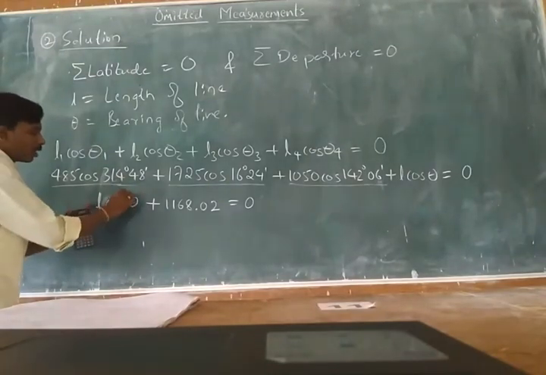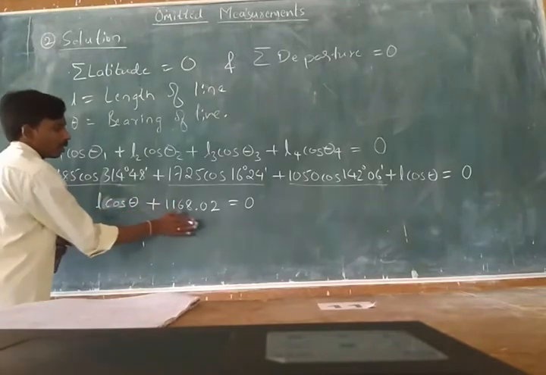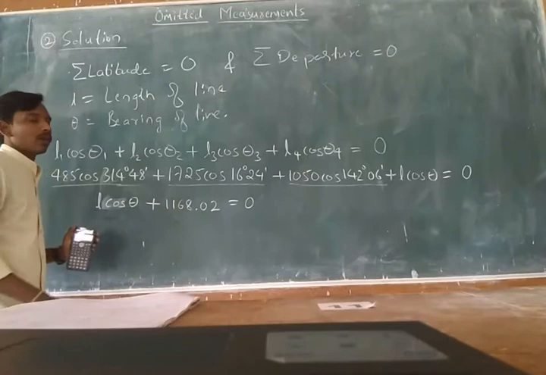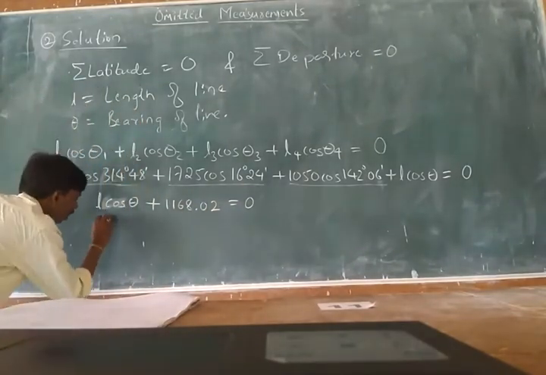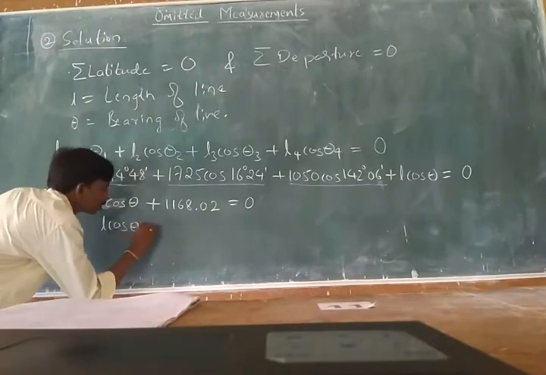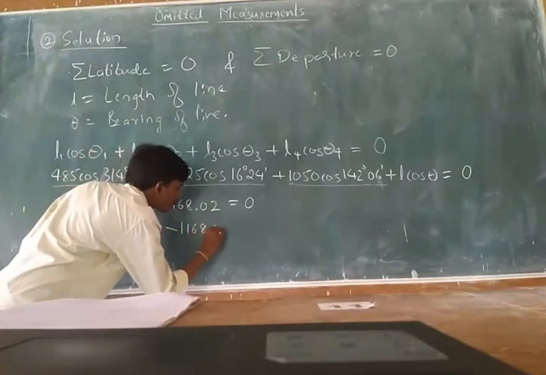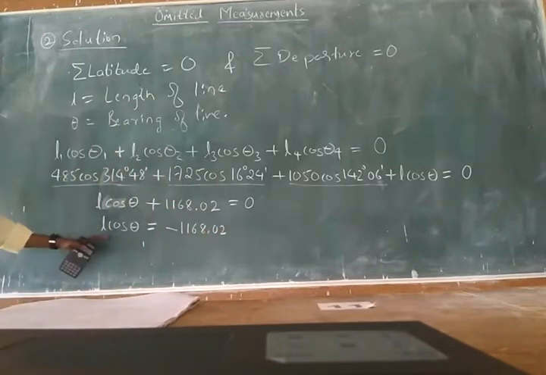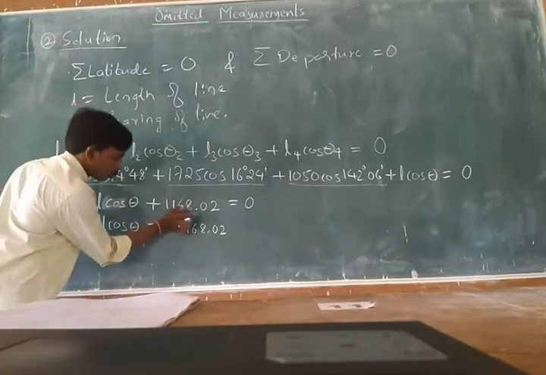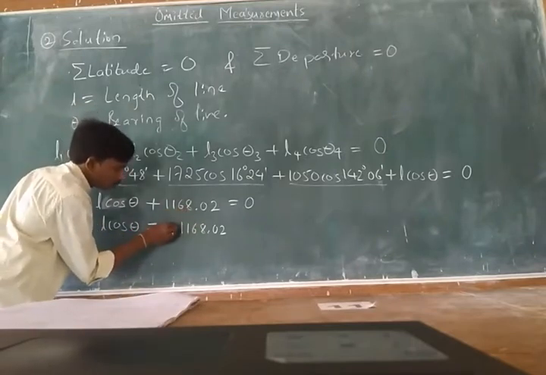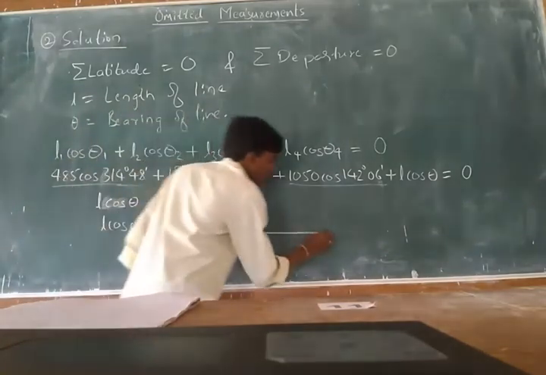So let's keep the latitude of DA here itself and let's transfer the latitude of other lines to the other side of the equal. So L cos theta is equal to minus 1168.02. So this is the equation 1.